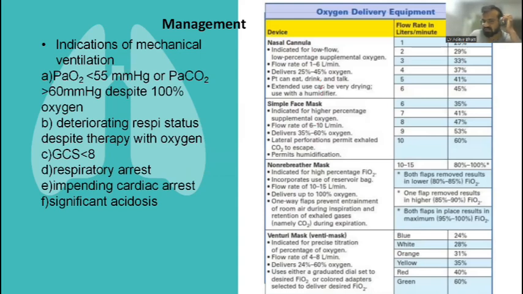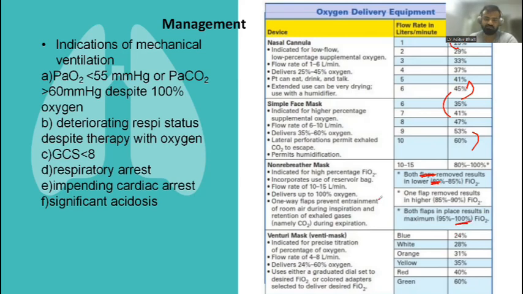Okay, so here on the right side, you can see the FiO2 that is delivered by the different devices. With nasal cannula, 25% to 45% of FiO2 can be given. By face mask, you can give 35 to 60%. By NRBM, I told you that, if the flaps or the valves are present, it can give up to 80% to 100% FiO2.